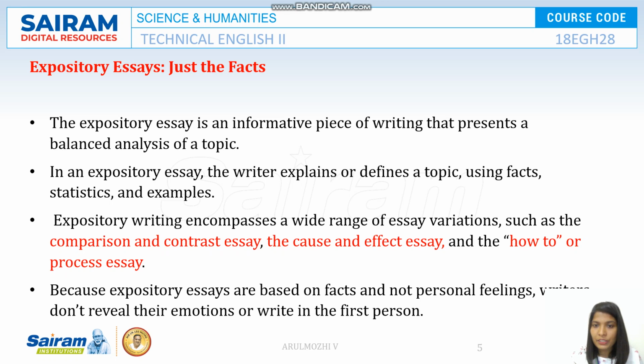In an argument you argue what is your perspective about this incident. So the writer argues. And then cause and effect essay, how-to essay, and process essay. There are different types of essays. And because expository essays are based on facts, they don't involve feelings and emotions, as I told you earlier.